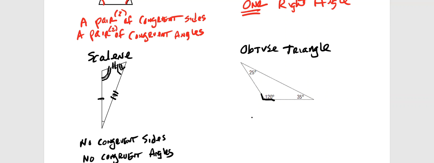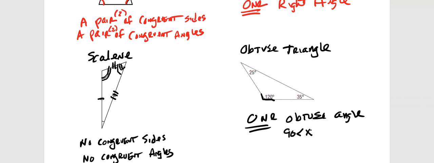So this will be a triangle that has one and only one obtuse angle. Now remember, an obtuse angle, I'm going to use X as my angle measure. It has to be greater than 90, but less than 180 degrees. Okay, so it has only one angle that is greater than 90, but less than 180.